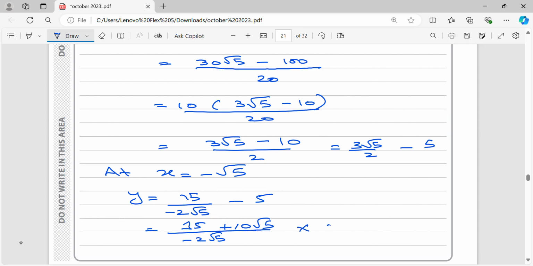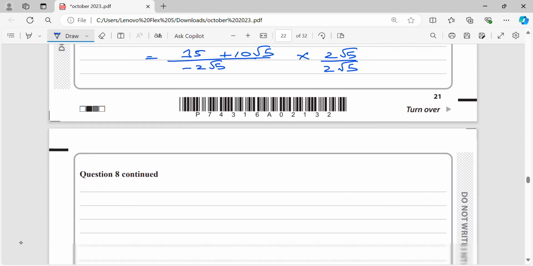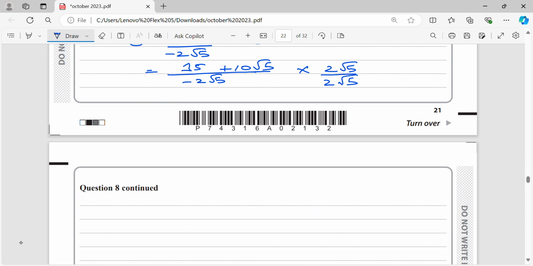So rationalize it. Expand. 15 times 2 root 5 is 30. So I can get rid of the negative in the denominator by multiplying negative 1 with the numerator.